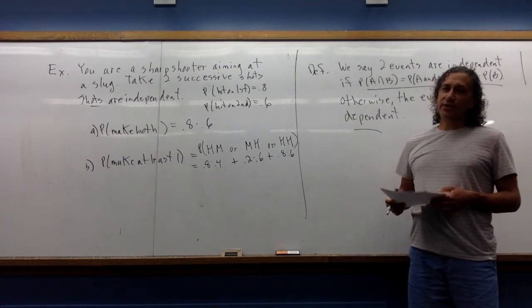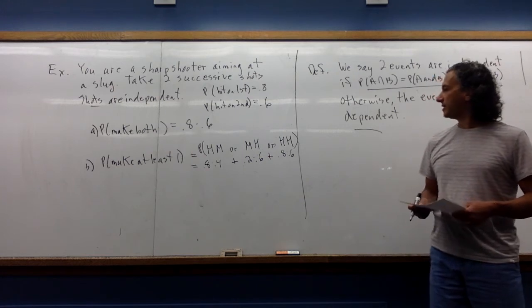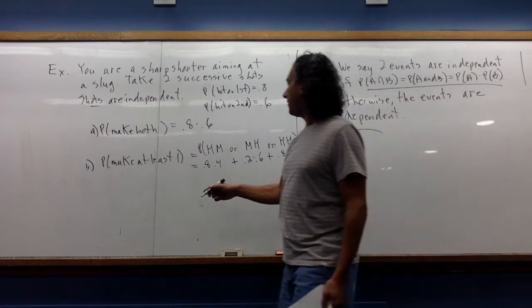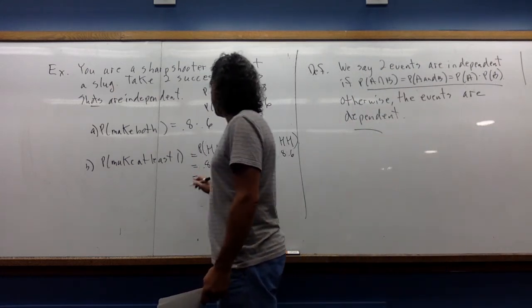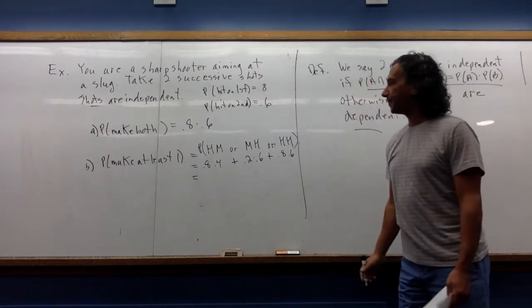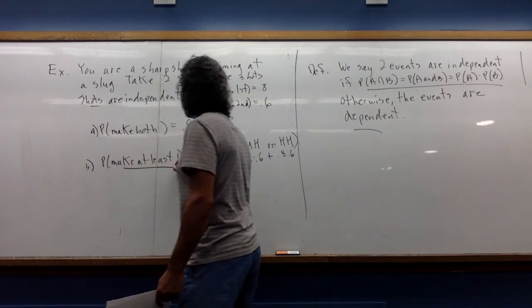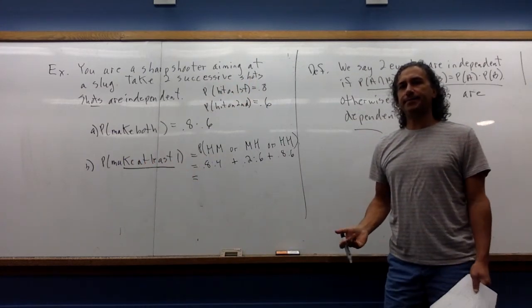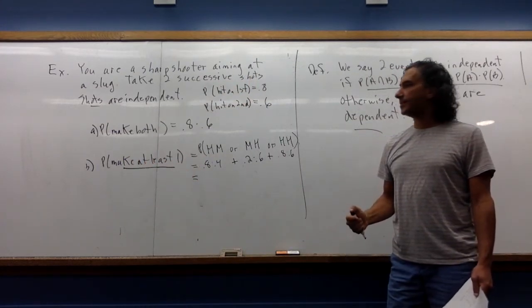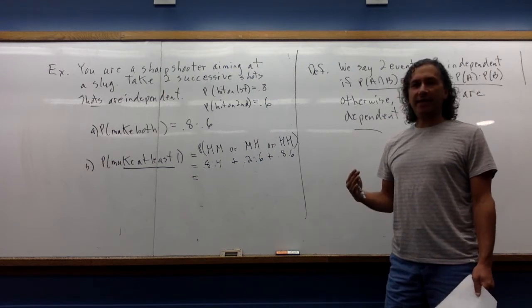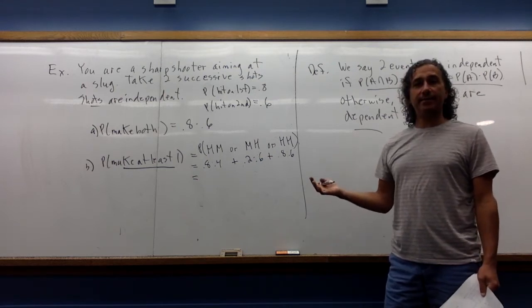A funner solution, or more fun, if you're into proper English, the probability that I make at least 1 is, well, that's the complement of what event? That's the complement of the event that you don't hit any.